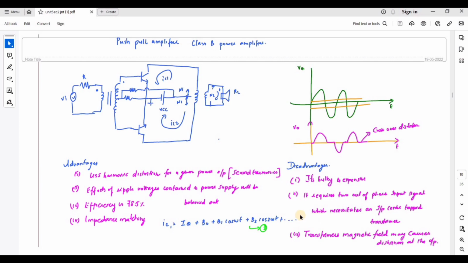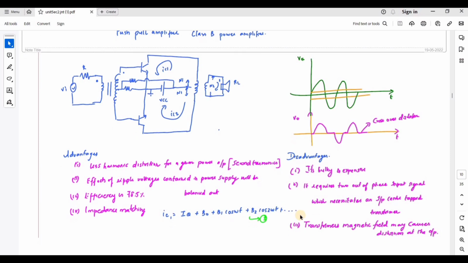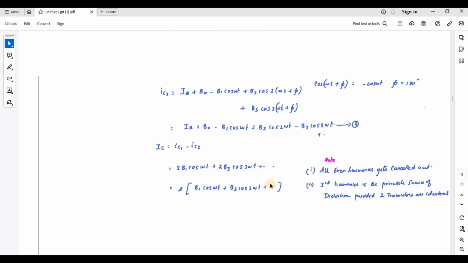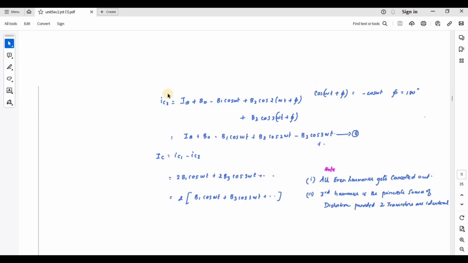Likewise I can write it for the next signal IC2. IC2 I can write as IQ plus B0 minus B1 cos omega t, because this is a 180 degree phase shift. IC1 is produced by the transistor T1 and IC2 is produced by the transistor T2, and they have a 180 degree phase shift.